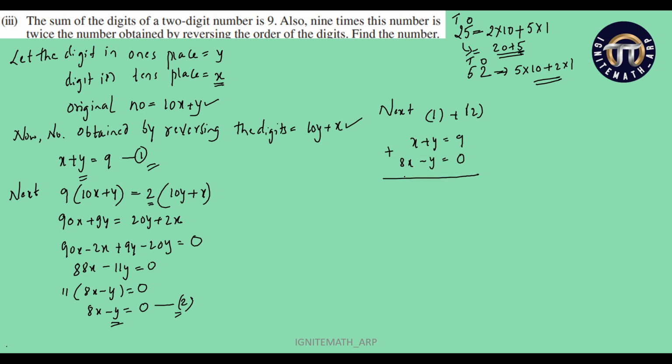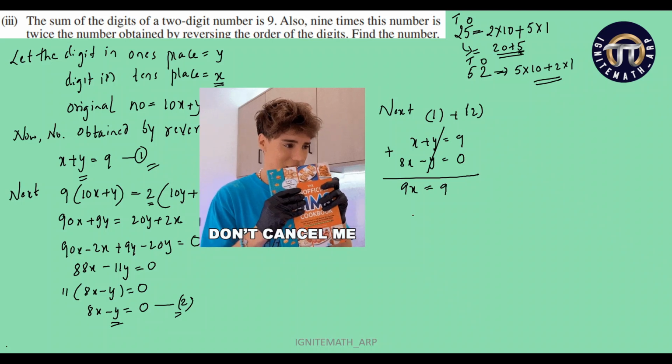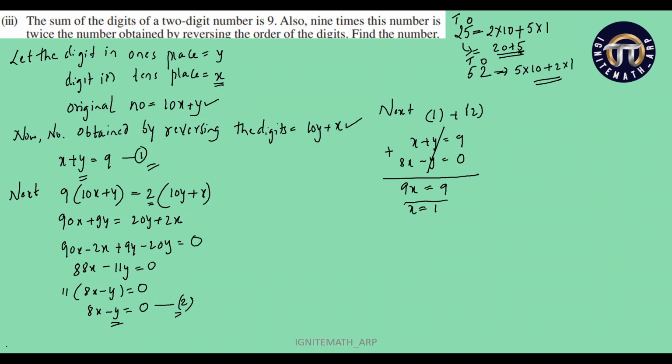I'm adding them, so it is not necessary to change the sign. These two will get cancelled. 9x is equal to 9, then x is equal to 1. Later substitute x in equation 1: 1 plus y is equal to 9, so y is equal to 8.